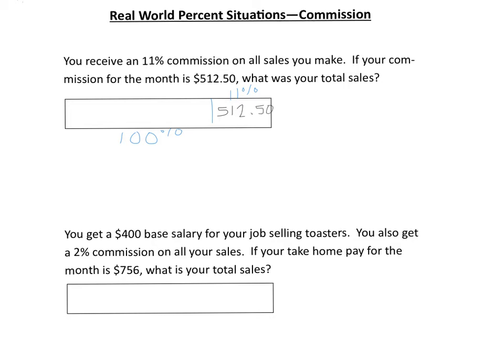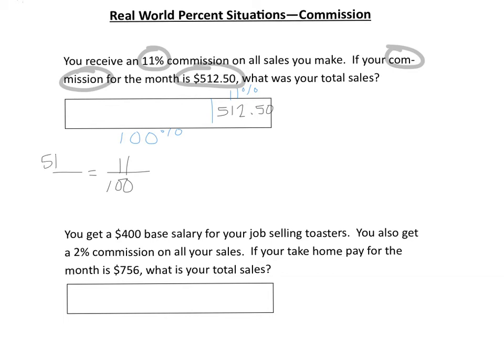We are being asked what the total amount is. Therefore, when we go to set up our proportion, the 11% commission, which is represented by the $512.50, the 11 must go above the 100. It's the percent, and percent's always out of 100.